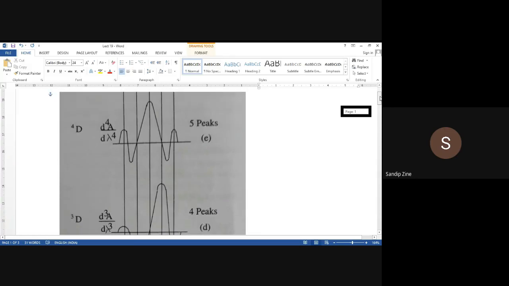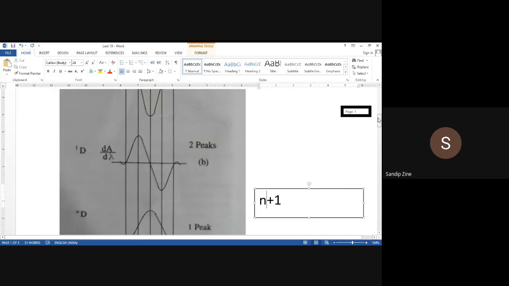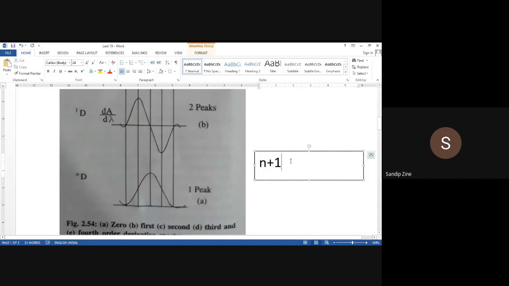So we can take 6, 7, 8, 9 till all the background gets corrected. So this is the n plus 1 splitting pattern, isn't it? This is the nature of all the spectra as you observed in the graph.